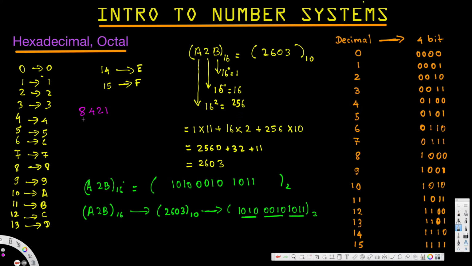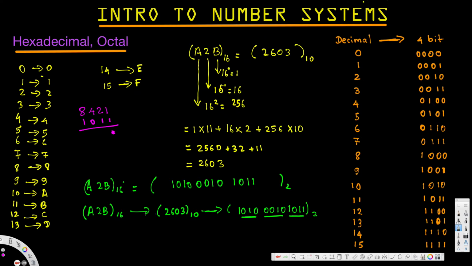In the 8th place we have 1, in the 4th place we have 0, in the second place we have 1, and in the first place we have 1. If you add the numbers where we have 1: 8 plus 2 is 10, 10 plus 1 is 11, and 11 is equal to B.